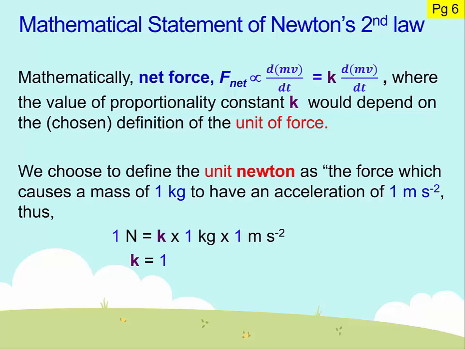It is for such convenience that we define Newton as such, so that the proportionality constant k is 1. Therefore, now it is a simpler form, just F net equals d(mv)/dt.